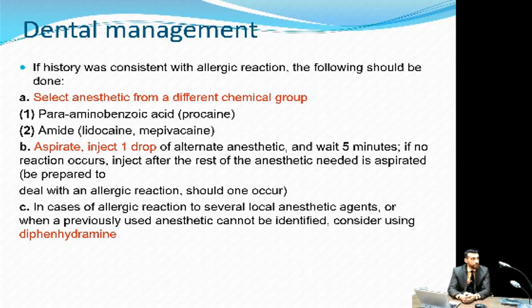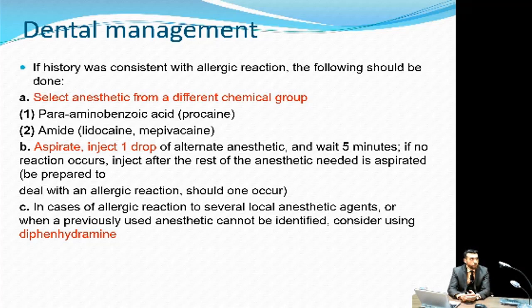Select an anesthetic from a different chemical group. As we know, the local anesthetic may be from either the amide or ester groups. Amide groups, such as lidocaine, while ester groups such as procaine.